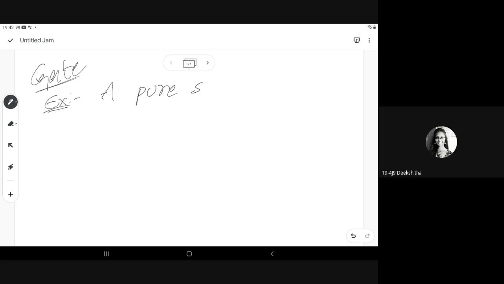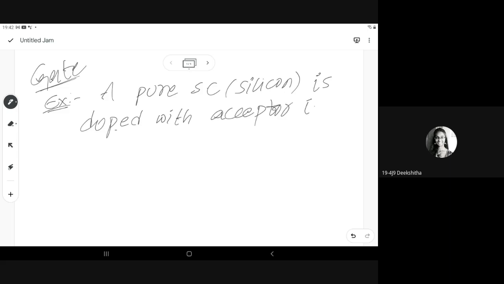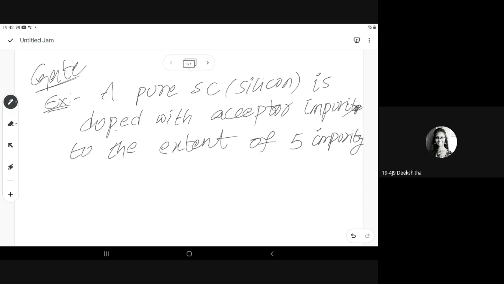So a pure semiconductor, that is silicon, is doped with acceptor impurities to the extent of 5 impurity atoms for every 10 power 6 atoms.